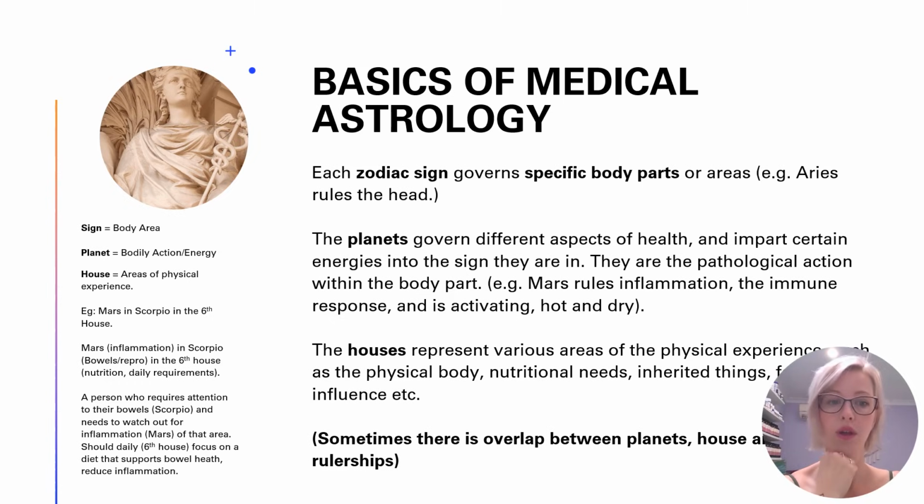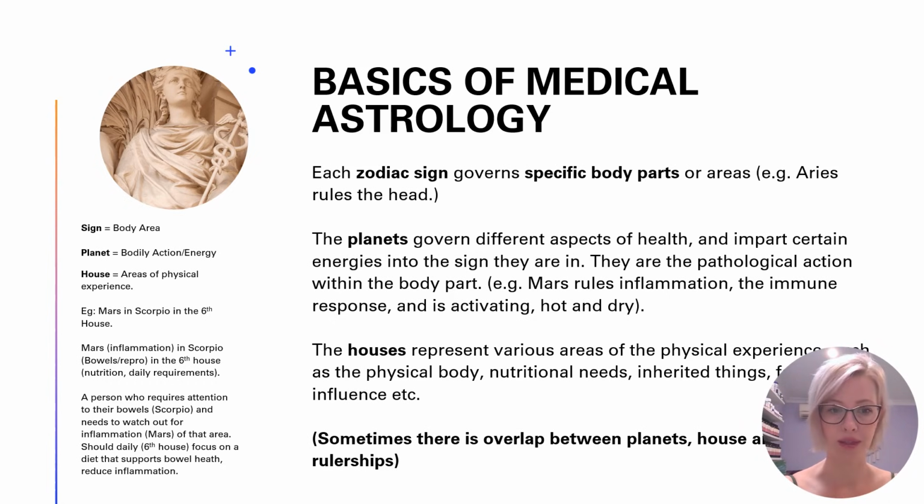Here's an example. We have Mars in Scorpio in the 6th house. Now, you don't have to remember this. I'm giving you an example of how we lay it out and look at it. Mars, who rules inflammation, is in Scorpio, who rules the bowels and reproductive system, in the 6th house, which governs nutrition, daily requirements, daily rituals.